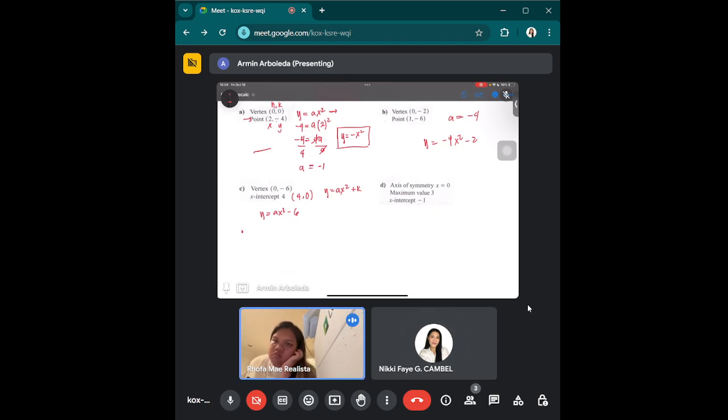Substitute the point 4, 0. Sorry, y is going to be 0, so 0 equals a, x is 4, so a times 4 squared minus 6, and 4 squared is 16.